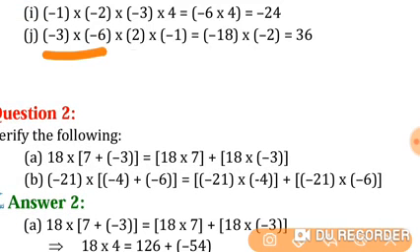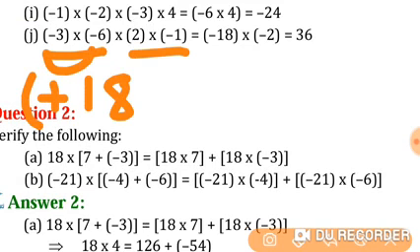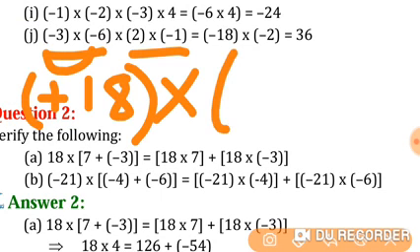See, there is a mistake in the answer. 3 6s are 18, minus into minus is plus, keep in mind the sign as it is. 2 minus into 1, 2 ones are 2, plus into minus is minus.